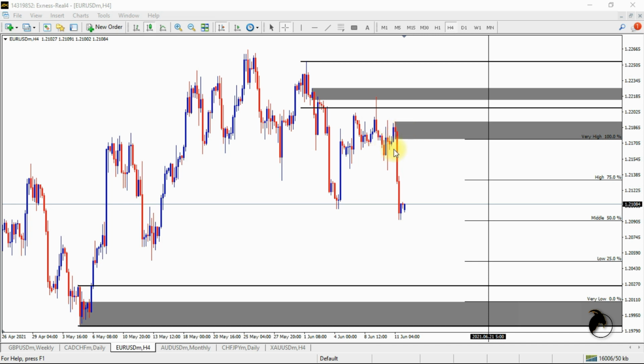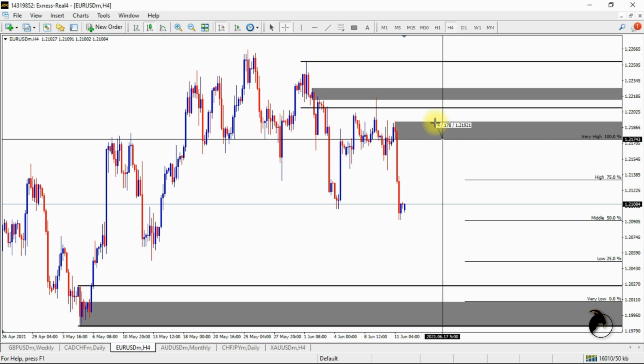If one is trying not to miss this one, they will use pending orders. Okay, so we do have a trading opportunity, and your target should be from here to here, which is 165 pips, with a stop loss of 17 pips.